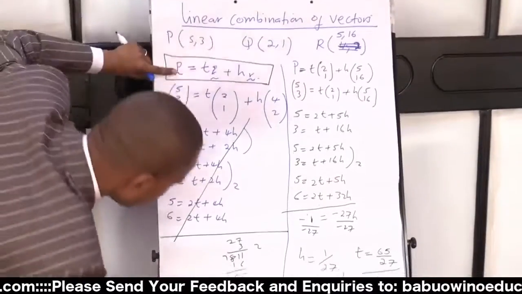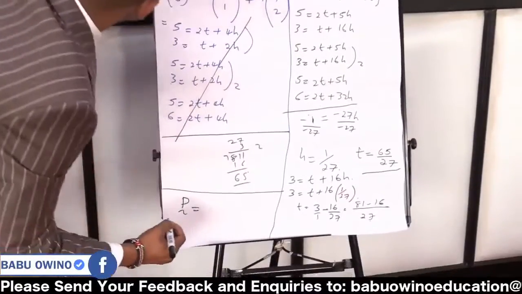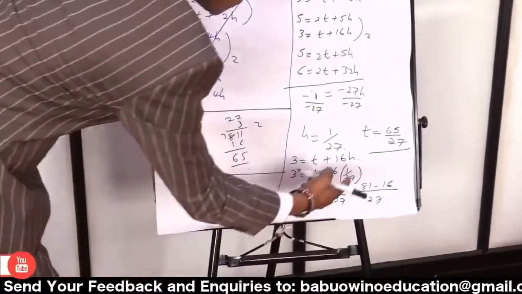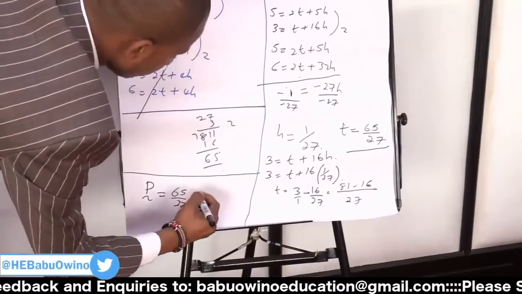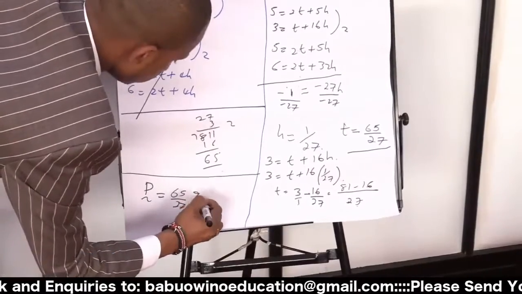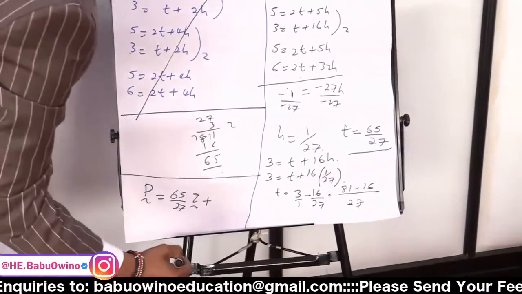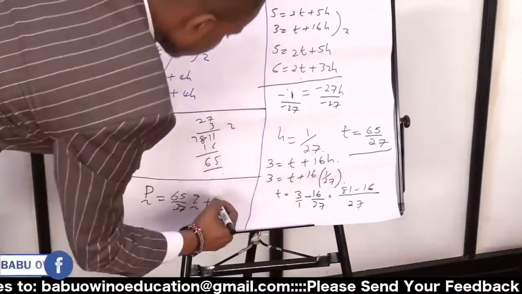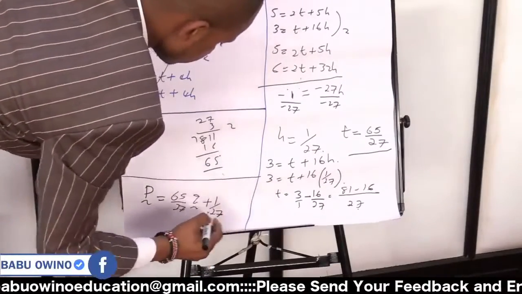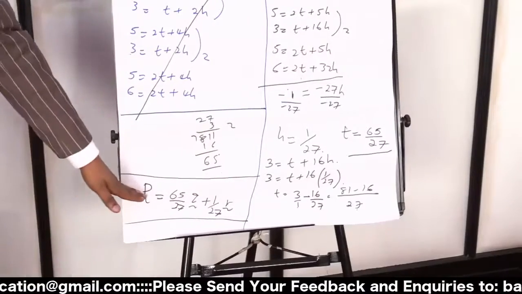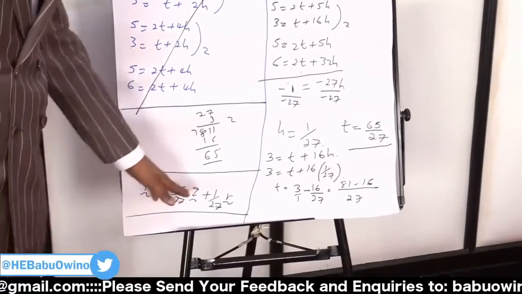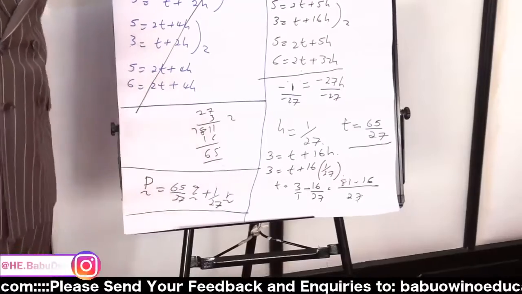So write P in terms of T. Our T value is 65 over 27 of Q, plus our H is 1 over 27 of R. So this is P as a linear combination of Q and R.